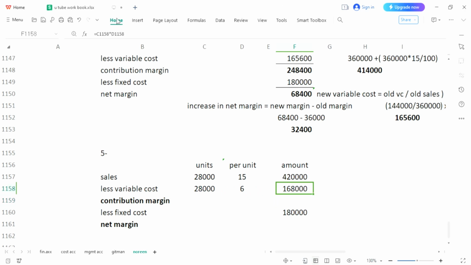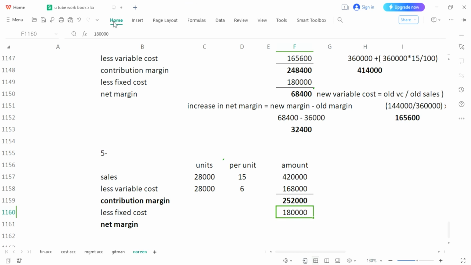At this stage we can calculate contribution margin, which is the difference between sales and variable cost. Total sale is 4,20,000. Variable cost is 1,68,000. We have got our contribution margin. Now we can calculate our net margin, which is the difference between contribution margin and fixed cost.